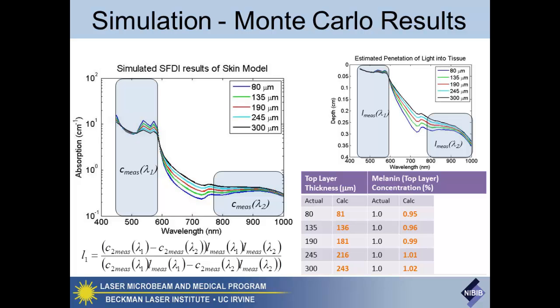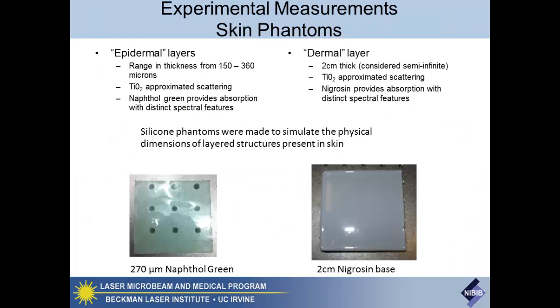What are the differences in the penetration depths I can estimate? And can I use this empirical model to back out the concentration? In simulation, we were able to get within 5% of the actual melanin concentration, whereas if we only used the spectral content in the visible or the near infrared, it was grossly underestimated and also sometimes very depth specific, layer specific. But that was simulation.